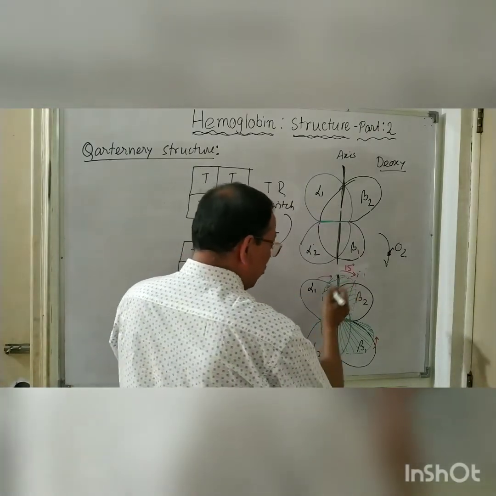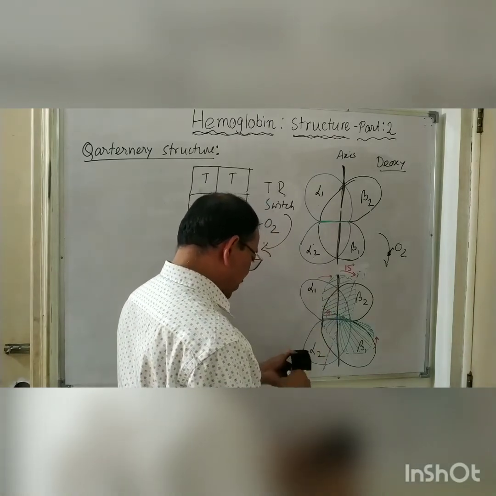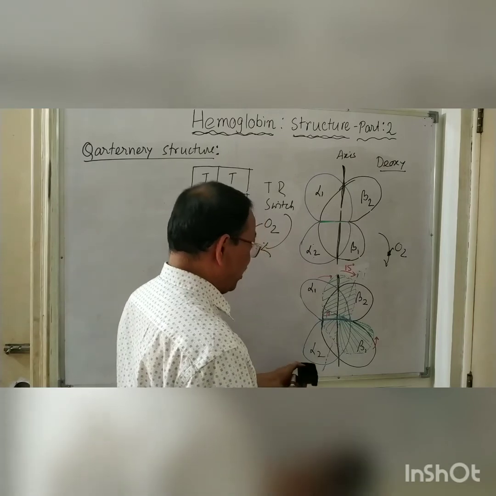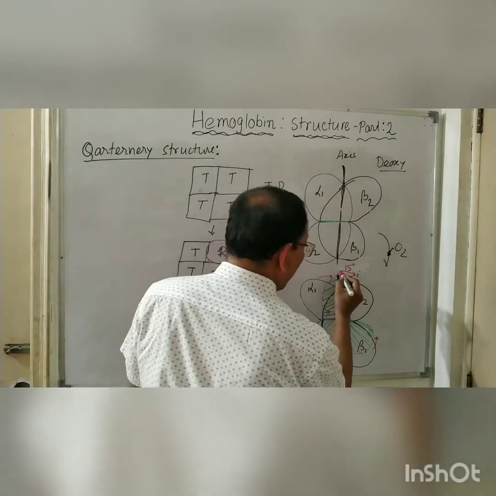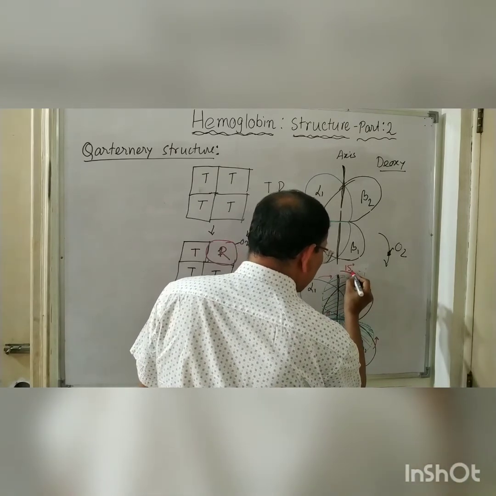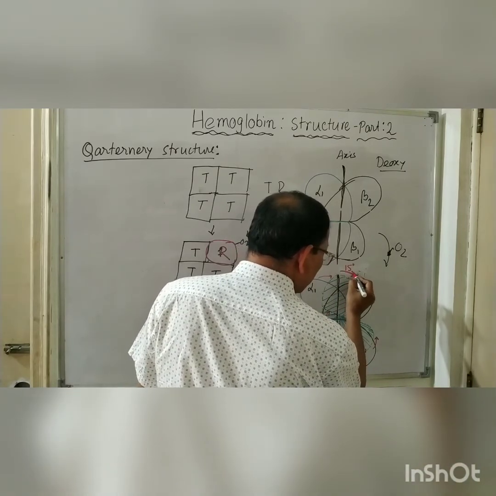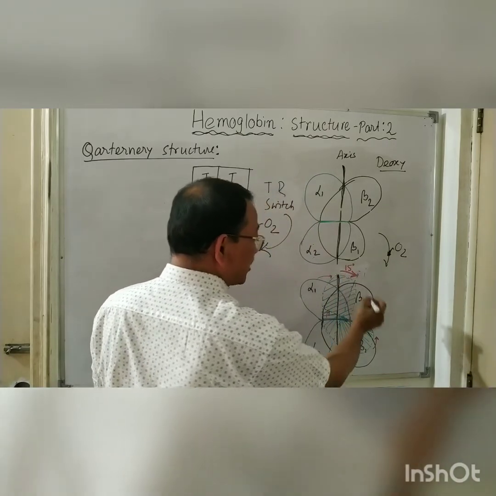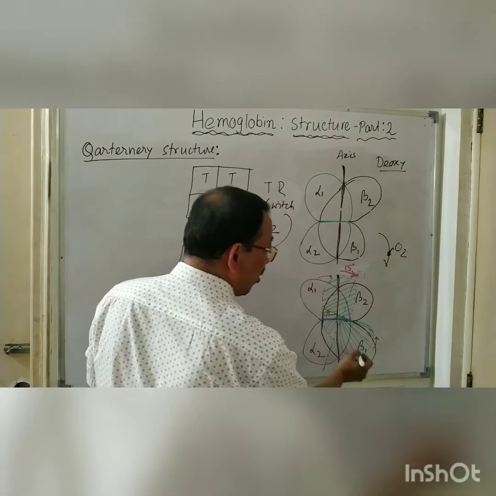There is a 15-degree movement of the alpha 1 beta 1 dimer. So here you see, this is the alpha 1 beta 1 dimer, and a 15-degree rotation from the axis takes place.